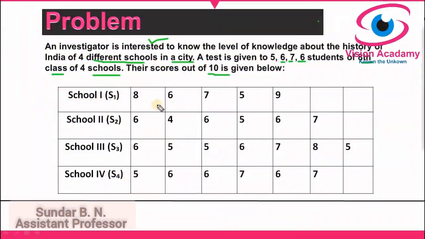From first school 5 students, second school 6 students, third school 7 students, and fourth school 6 students. And we can see their scores of history of India out of 10, their obtained scores you can see in this table.